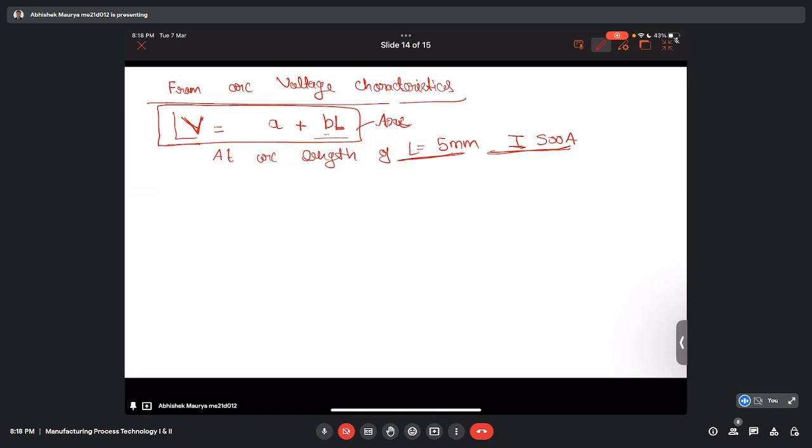So we have to find a relationship between the arc length and current.